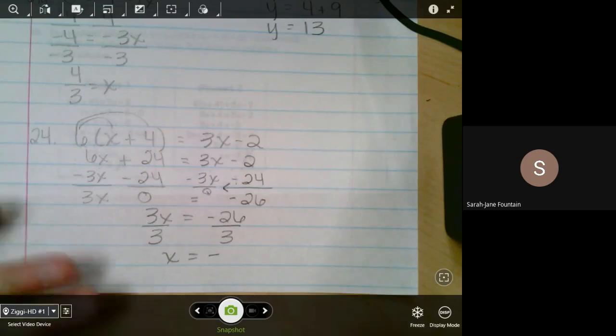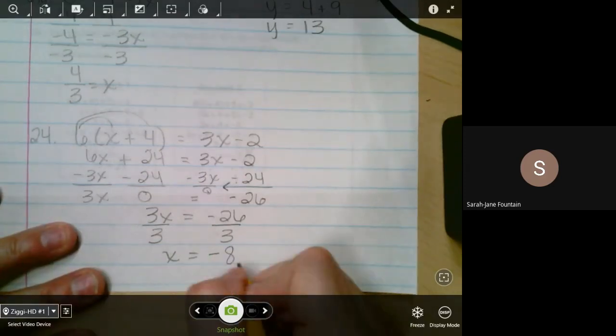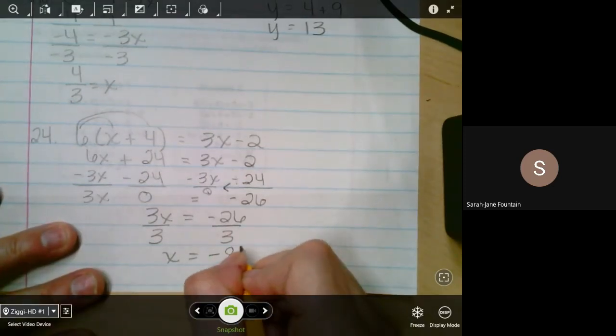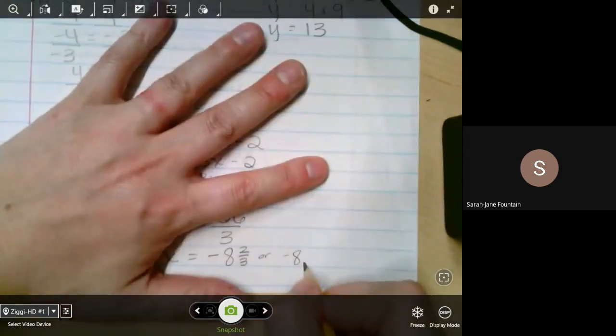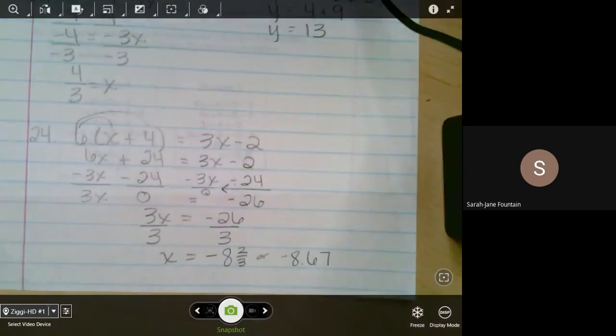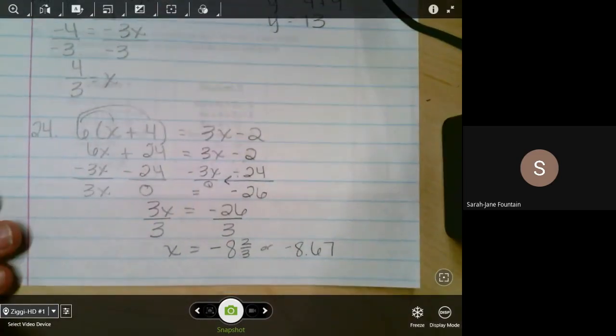That's what I thought. Either negative 8 2/3 or negative 8.67. Okay? So now we solved it for ourselves.